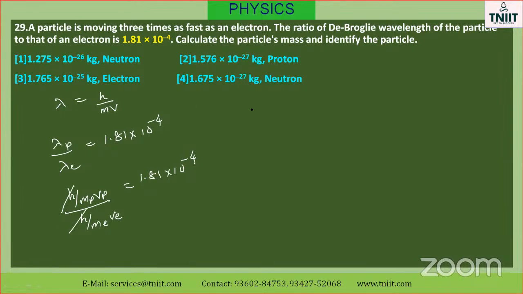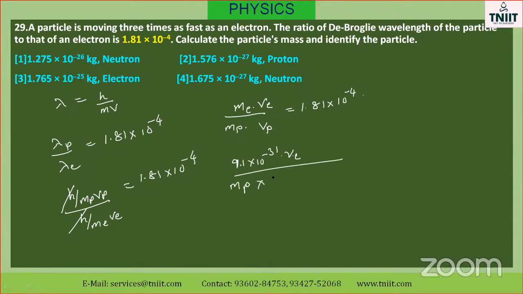h and h will get cancelled out. So me into ve divided by mass of the particle into the velocity of the particle is 1.81 into 10 raised to minus 4. Now mass of the electron is 9.1 into 10 raised to minus 31. Velocity of the electron, we don't know. Mass of the particle, we don't know. Velocity of the particle is 3 times that of the electron. This is almost 3 times.